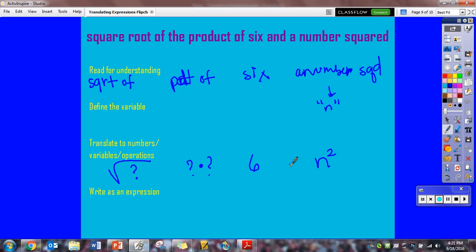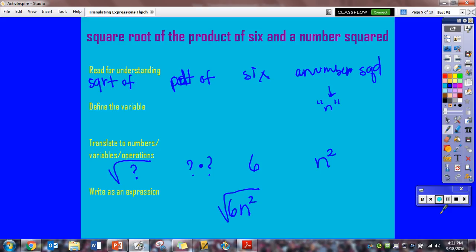So when I put this all together, I know that I've got a product of something, and that's going to be my two things here. So I've got 6 times n squared. Then I need to take the square root of that something. Well, all I need to do is put it underneath the radical, and that is my final answer.